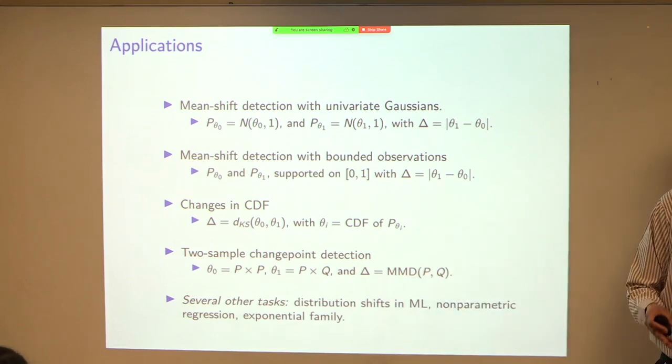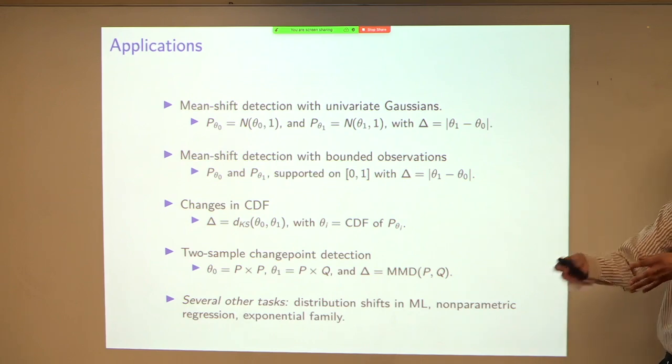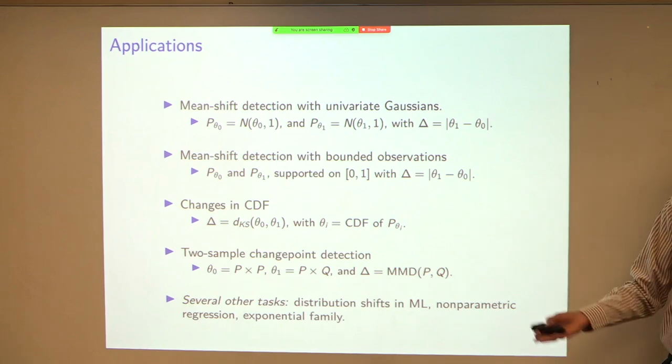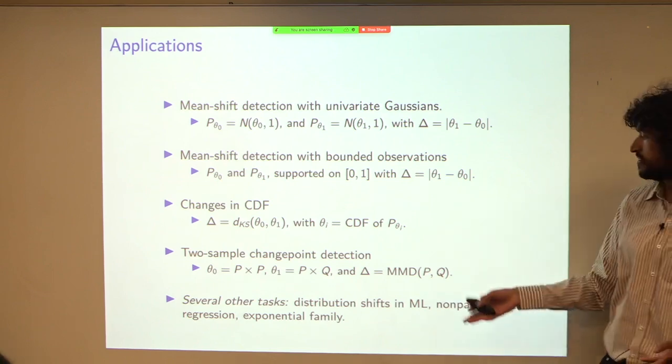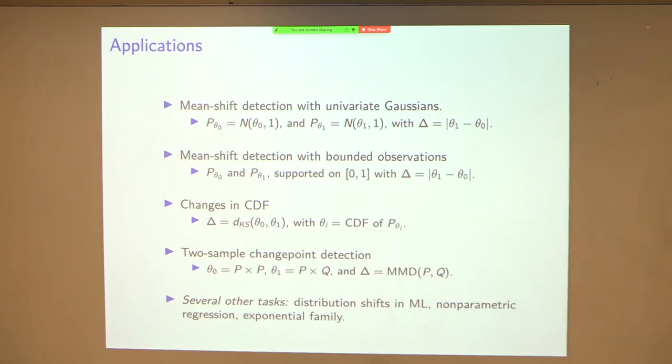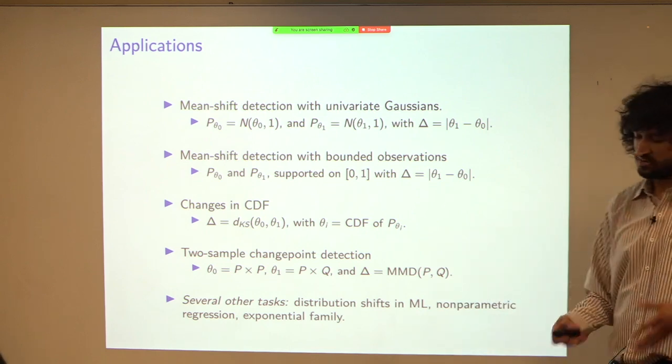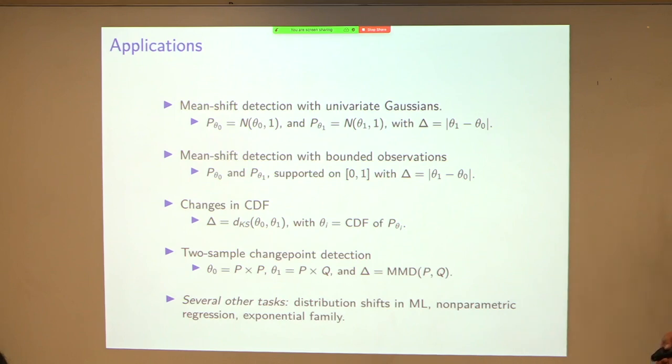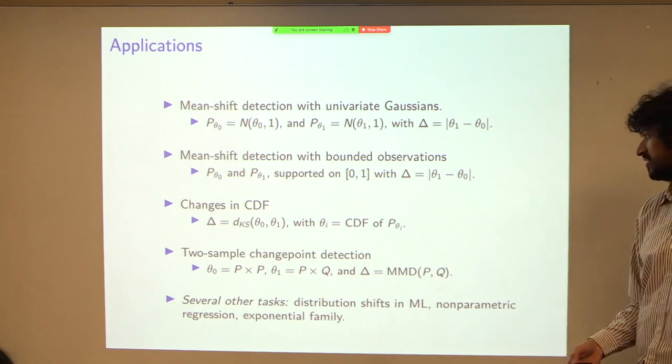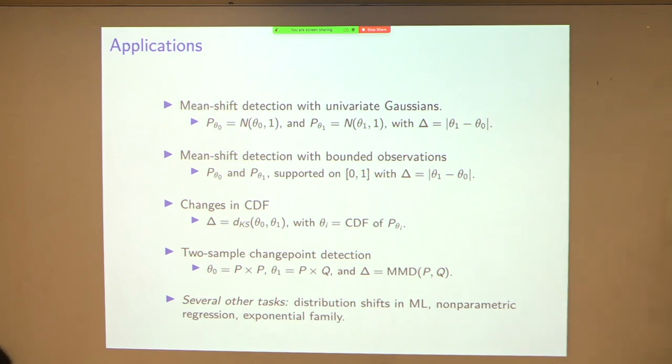You can say I'm looking for a change in the Wasserstein distance, or a change in the MMD or the KL divergence. It turns out we have confidence sequences for the Wasserstein distance, for the MMD, for the KL divergence, and for the total variation distance in discrete settings. So you just plug those confidence sequences in, and then you can detect whether there has been a change in the value of the TV distance between those distributions or something of that kind. And you can do regression: you can ask, is there a change in the regression parameter?